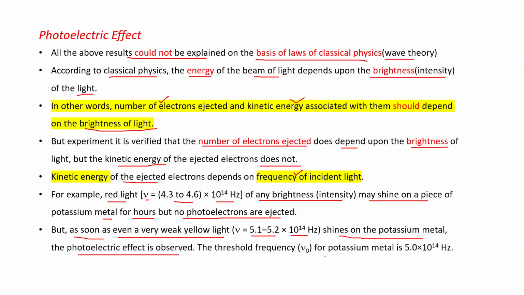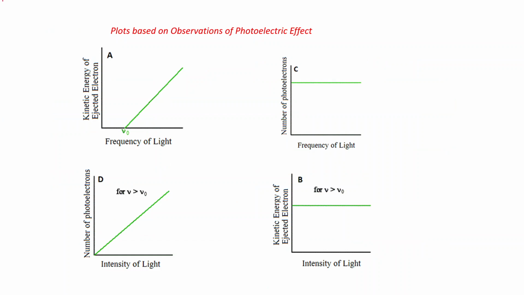The threshold frequency for potassium metal is 5.0 × 10^14 Hz. It means a minimum frequency is required to eject the electron, and this minimum frequency may be different from metal to metal. And these observations can be expressed in these plots.